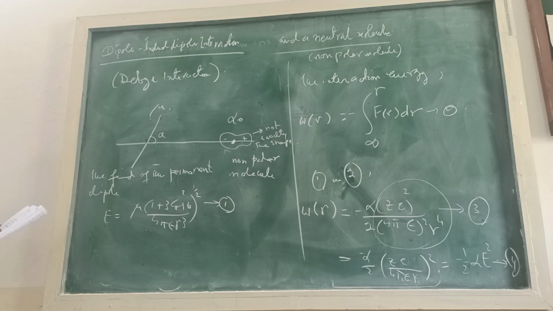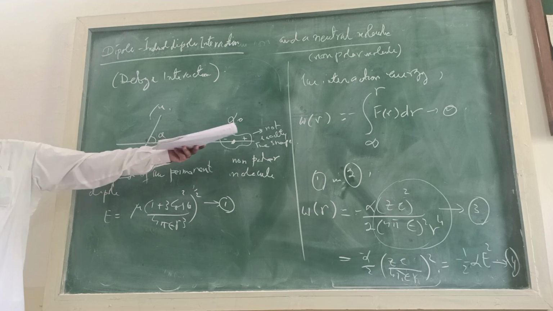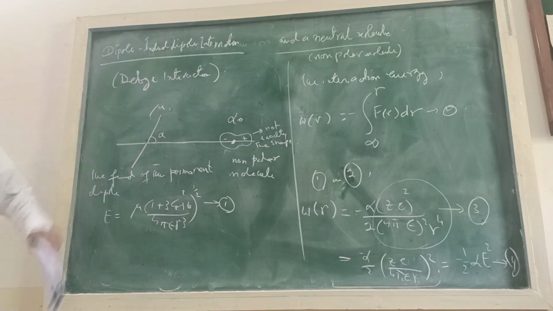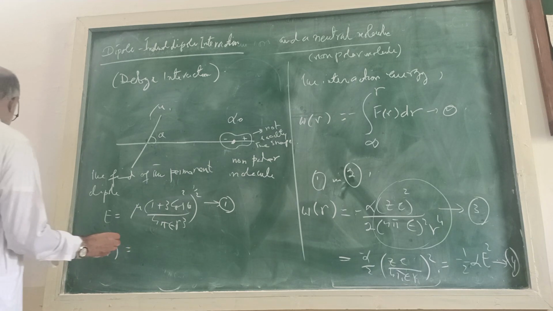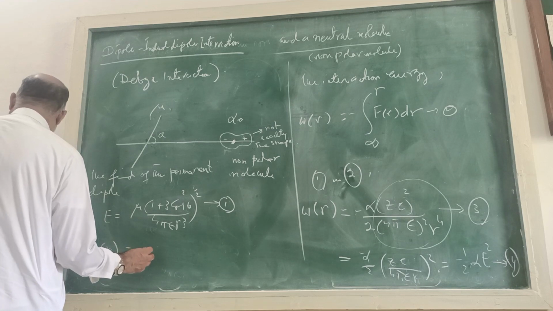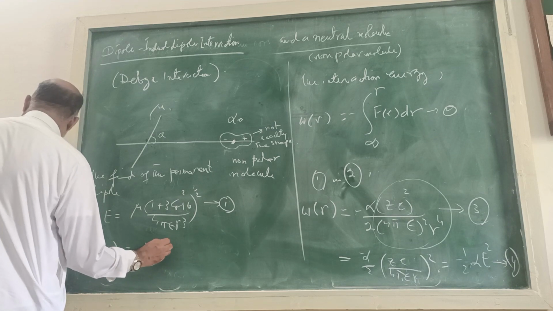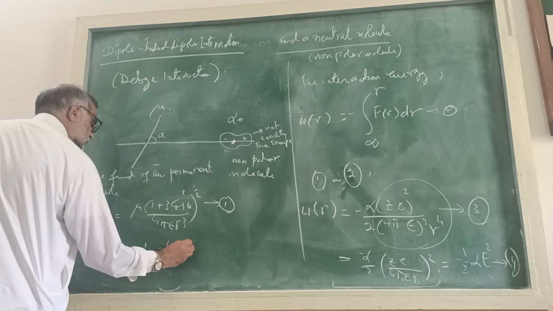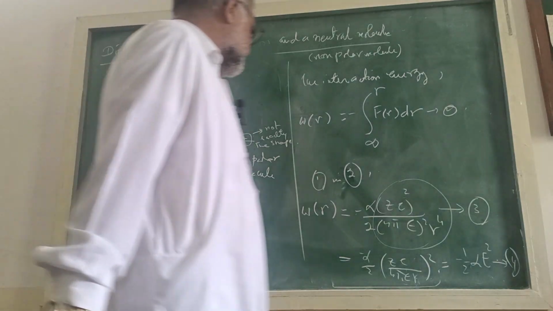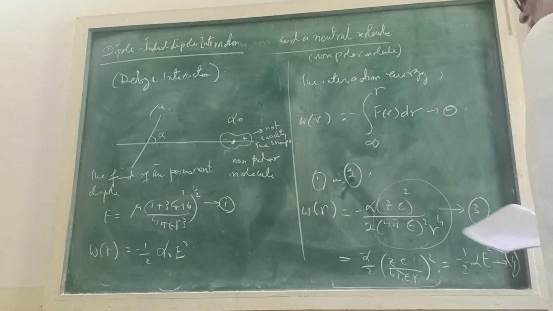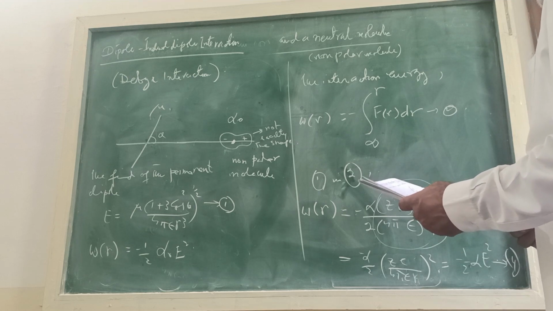So the interaction energy between this electric field and the induced dipole moment can be written as minus 1 over 2 alpha naught E square.